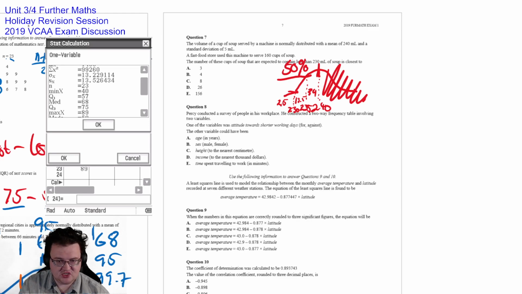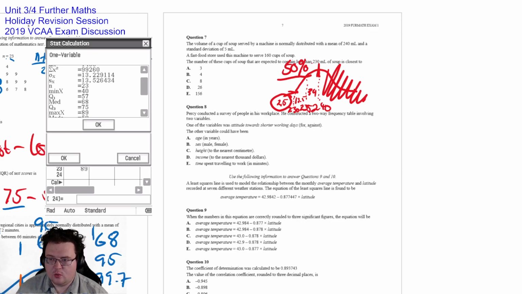And it mirrors on the other side to add up to 100. So in this case here, the number of cups expected to contain less than 230 mils. 230 mils, well, we marked this out. It is 2 standard deviations below the mean. That means that anything that is less than 230 is going to be in this 2.5% area.